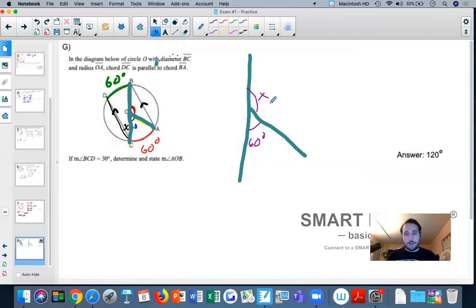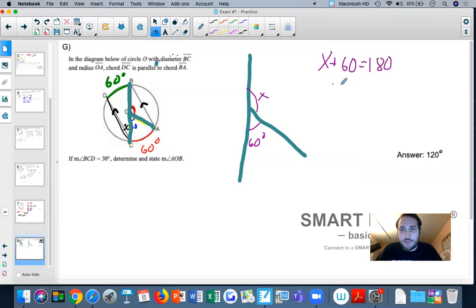Well, we know a straight angle is a straight line, and straight lines measure 180 degrees. Two angles that are adjacent and form a straight line are called linear pairs, remember? So that means x plus 60 is 180. So x plus 60, I'm lagging, is 180.